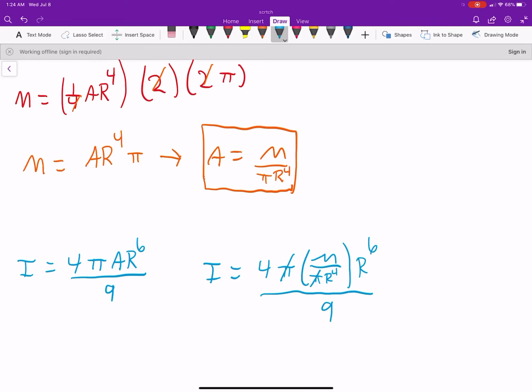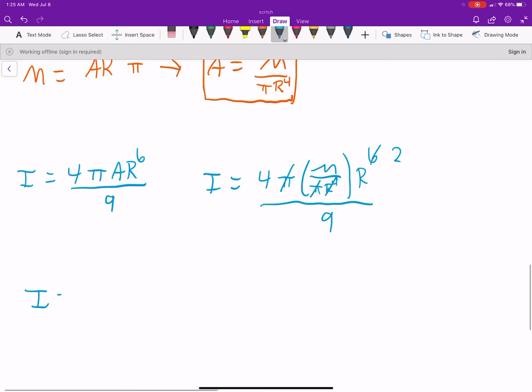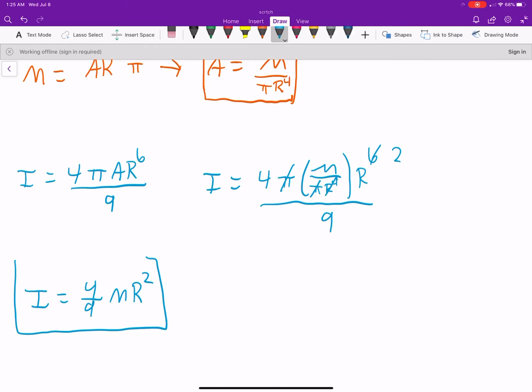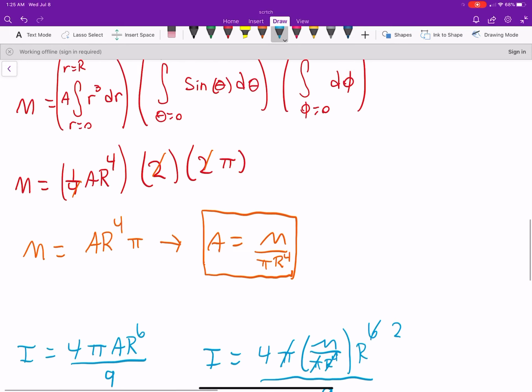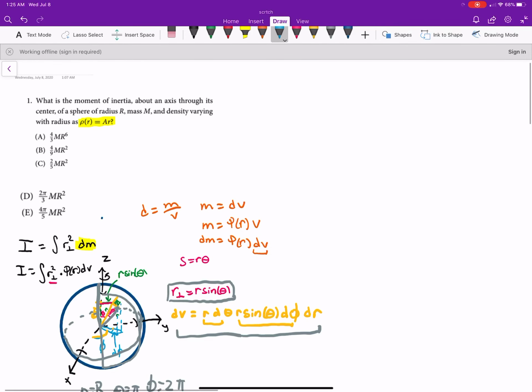The pi's drop. This drops with a 2 left over. So the moment of inertia will be 4/9 m r squared. And that's in the terms we need. 4/9 m r squared.